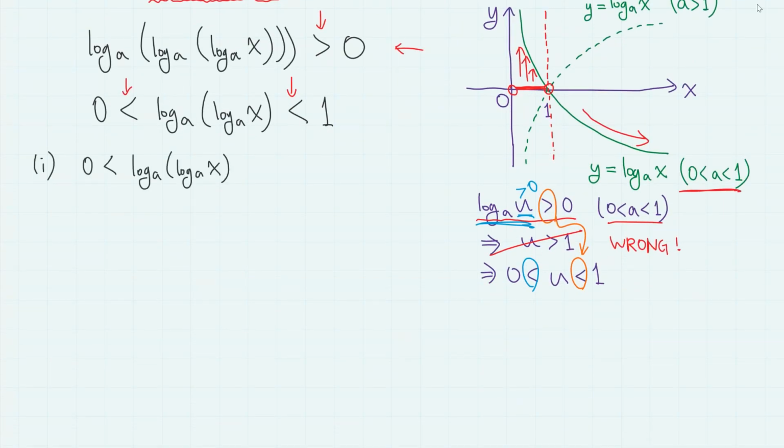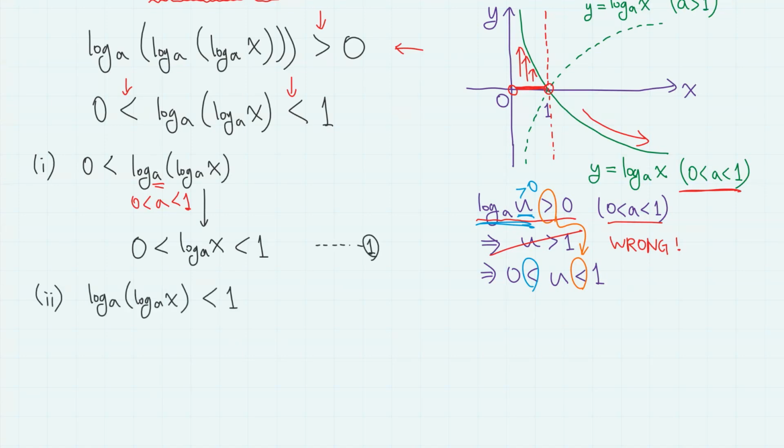From log base a of log base a of x is greater than 0, again, when a is in between 0 and 1, we have log base a of x is greater than 0 and less than 1. And from log base a of log base a of x is less than 1, we have log base a of x is greater than a.